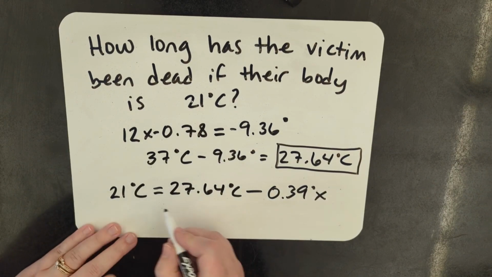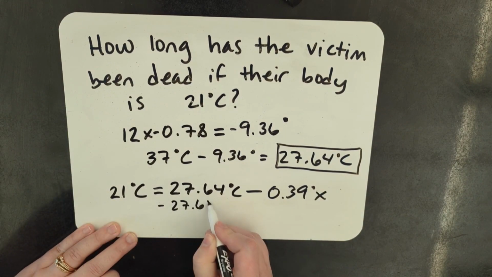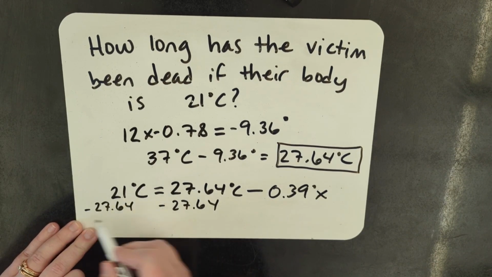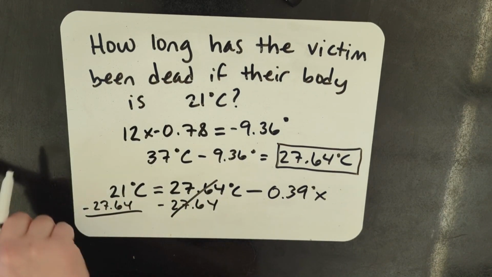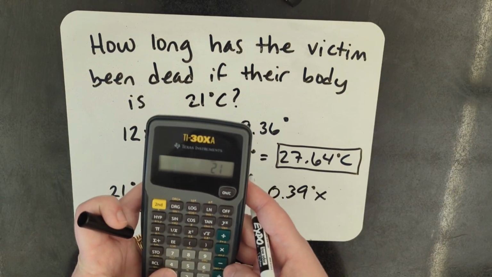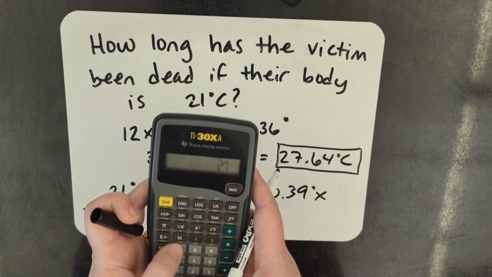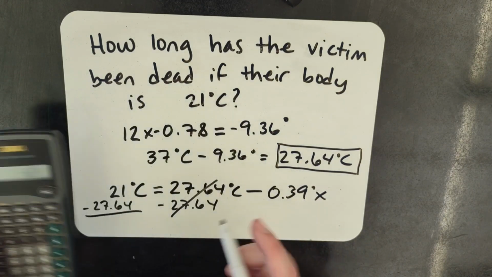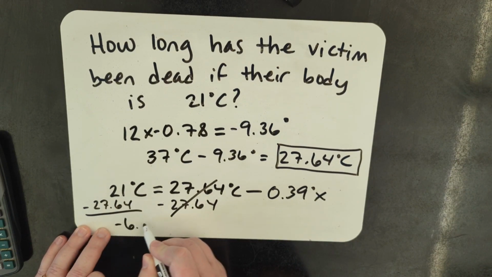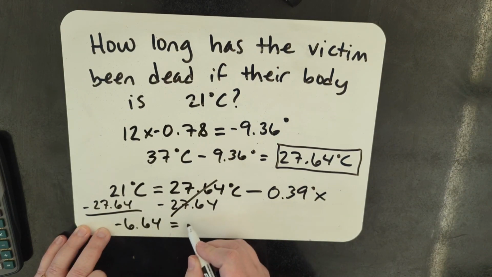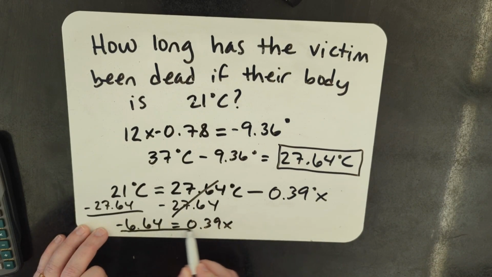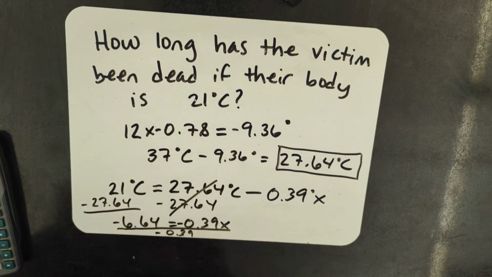So same thing, minus 27.64 on both sides. This cancels out. 21 minus 27.64, that's negative 6.64, is equal to the 0.39x. You're going to divide by the negative 0.39.